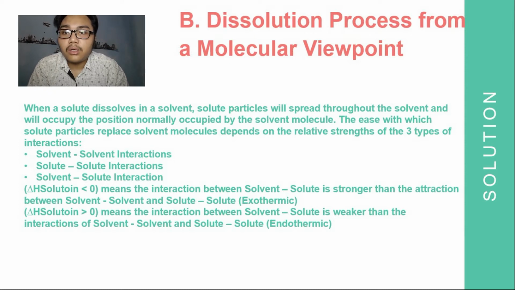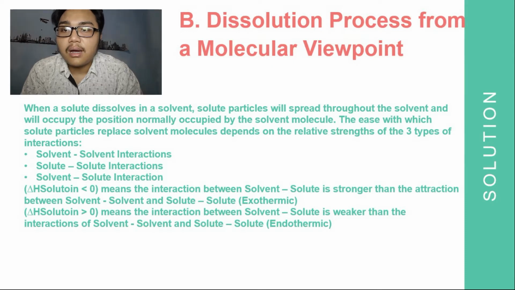When solute molecules and solvent molecules are mixed together to form a solution, irregularity will increase. In the pure state, solvent and solute have a fairly high degree of order, as seen from the fairly regular arrangement of atoms, molecules, or ions in three-dimensional space.